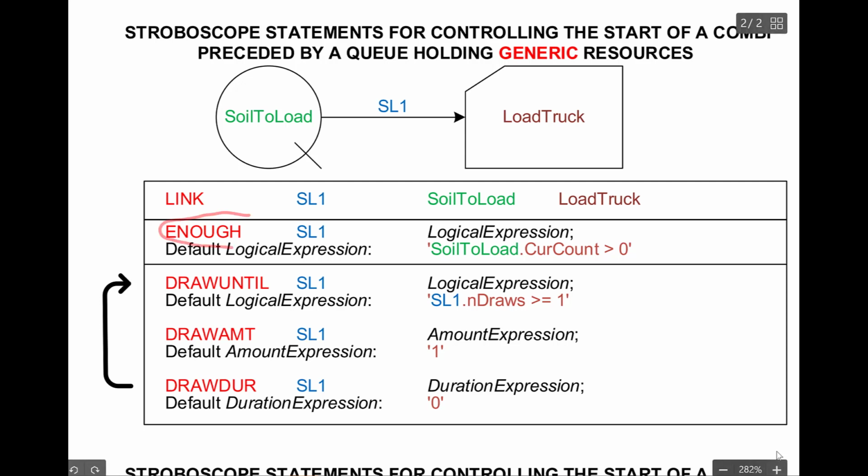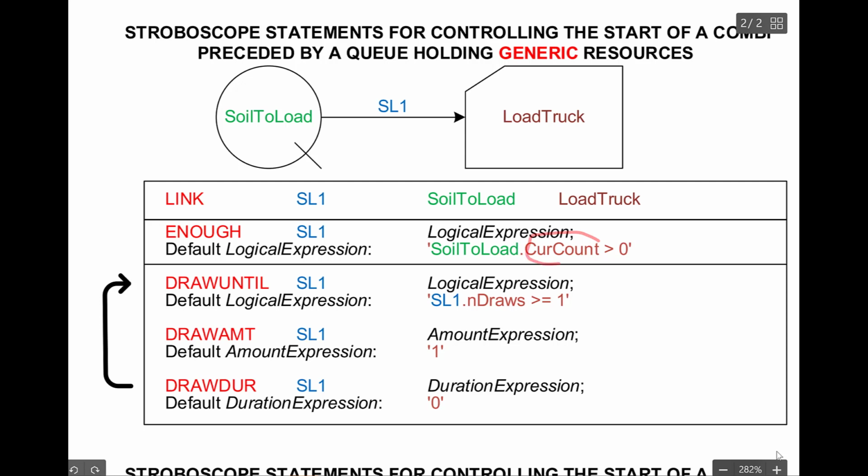The enough statement takes as an argument the name of the link, in this case SL1, followed by a logical expression. The default logical expression is shown here, and as you can see, it is a comparison that compares the current count of soil to load to the value 0.